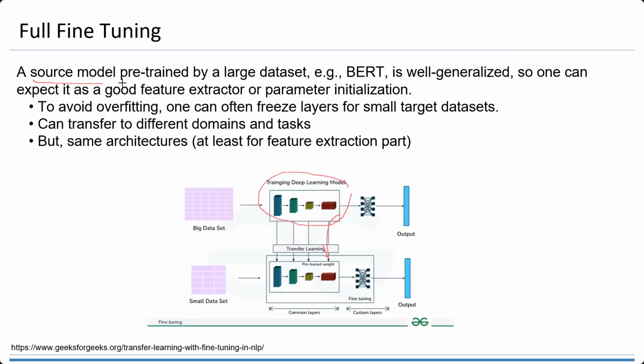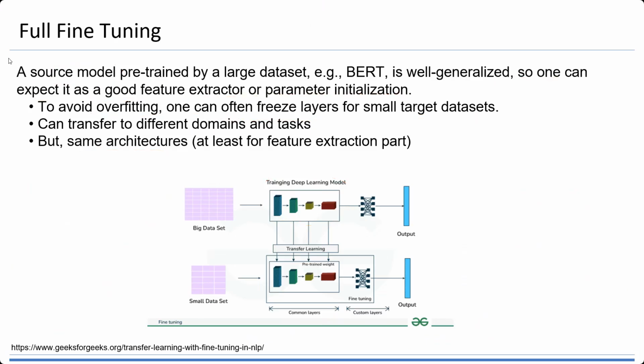Because this is a source model from the pre-train, one can expect that it is a good feature extractor or parameter initialization. To avoid overfitting, one can often freeze layers for a small target data set. So it can transfer to a different domain, but with the same architecture.